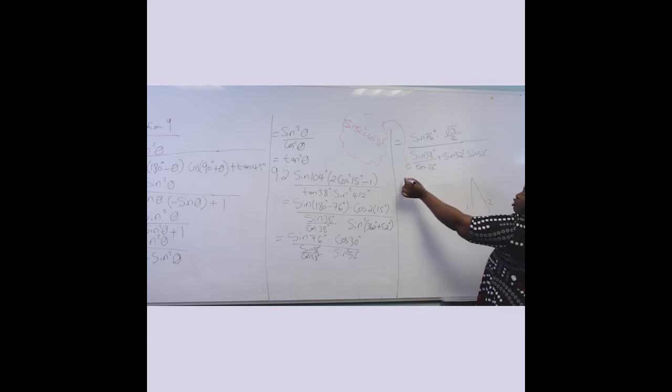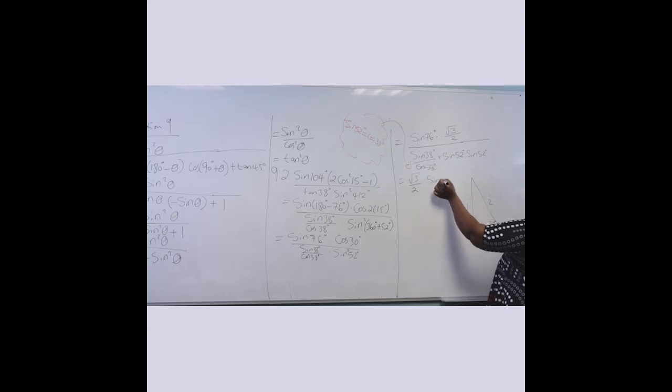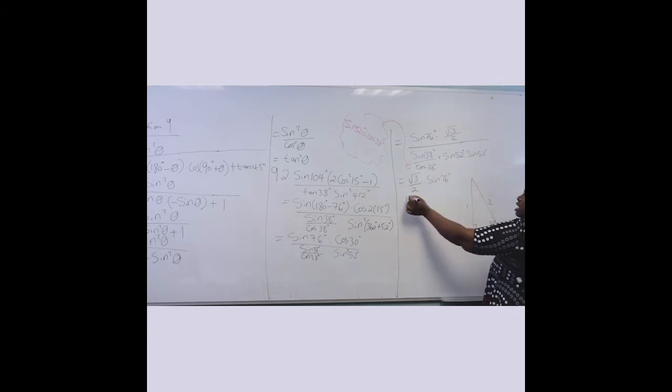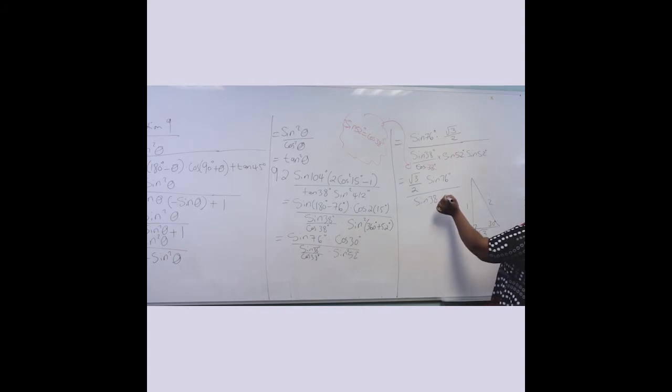Then it means we'll have the square root of 3 divided by 2 multiplied by sine of 76 degrees, all divided by sine of 38 multiplied by cos of 38. Remember we said cos 38 is the same as sine 52. So that is why we are writing it in that manner.